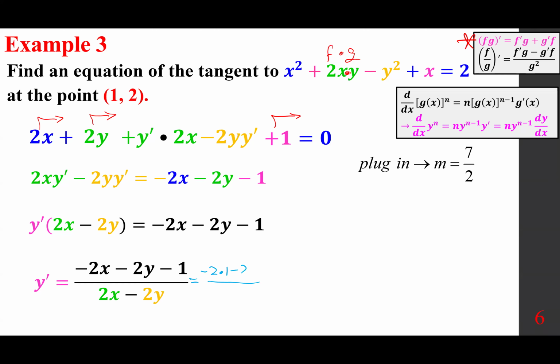Negative 2 times 1, negative 2 times 2, minus 1, over 2 times 1 minus 2 times 2, and we get negative 7 over negative 2, which is positive 7/2. Y minus y1 is m times x minus x1.